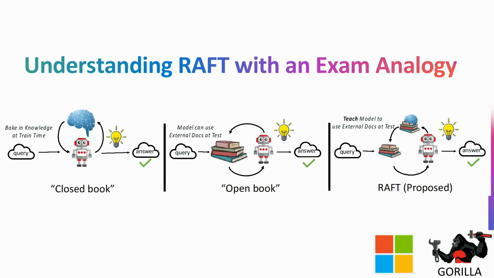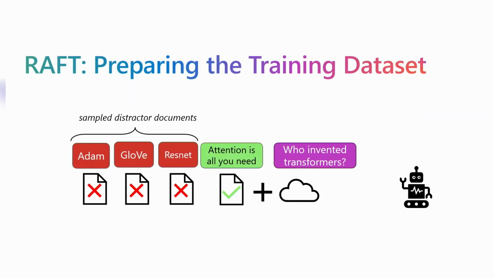And so how do we do RAFT? It's simple. So there's two parts to this. I'm going to tell you what the training procedure is, and then I'm going to tell you what the inference procedure looks like. In the training procedure, one of the key ideas here is, can you make the LLM discern and discard distracted documents, right? So for the question, who invented the transformers, the relevant textbook, or the document in this case, is the Attention Is All You Need paper.